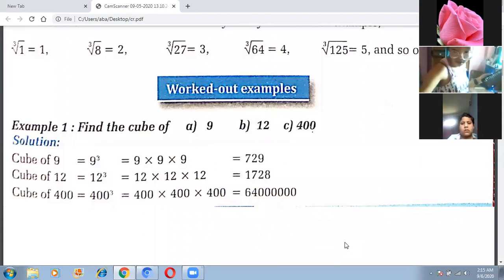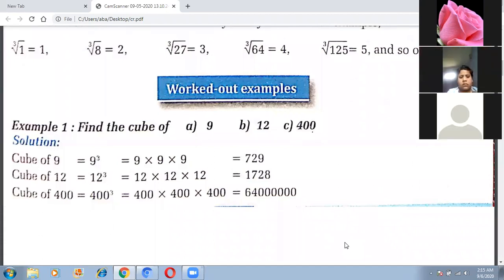Now, cube of 400. 400 cube means 400 into 400 into 400. 4 into 4, 16. 16 into 4, 64. Then how many zeros are there? 1, 2, 3, 4, 5, 6 zeros. So at last you write down 6 zeros.